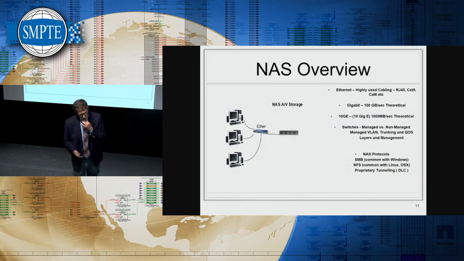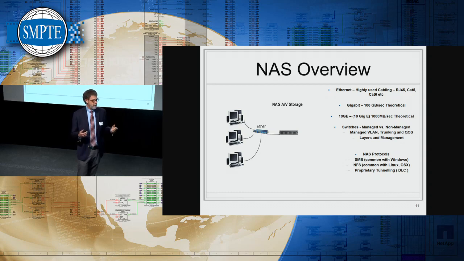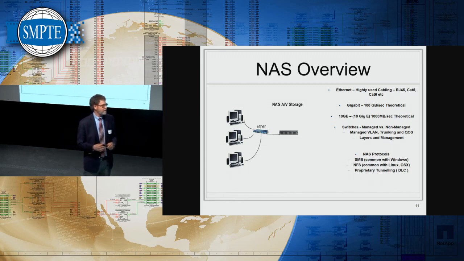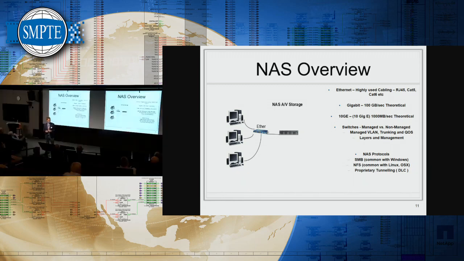So there's today really two different ways about going about sharing your data. One is with a SAN and one is with a NAS. Mr. Chen, what does NAS stand for? Ah, a very different concept. Network attached storage as opposed to a storage area network.